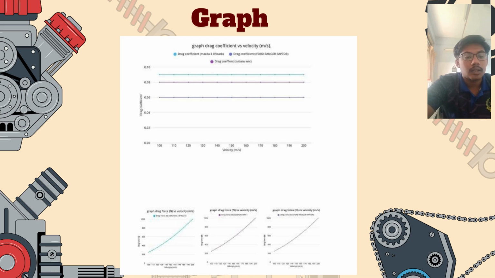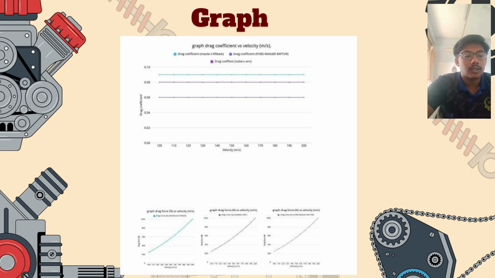Okay, let me see the graph of drag force in Newton versus velocity. Okay, as I explained in the previous slides, we see different drag force for the different velocities. For velocities up to 200, we got different drag force for the three graphs.